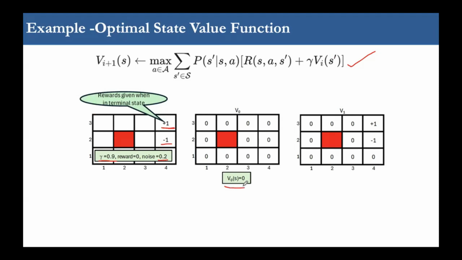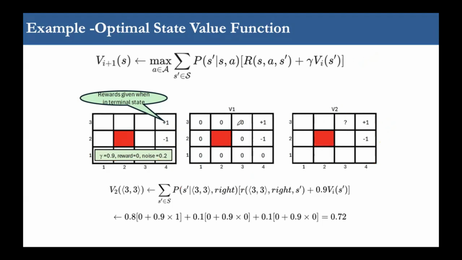In the first iteration, we give the value 0 for every cell. In the second iteration, as we know, in this environment the positive goal state and negative goal state are plus 1 and minus 1, so we mark them as plus 1 and minus 1 in the next iteration V1. In V1, we have plus 1 and minus 1, and the remaining values are all zeros. Now we are going to find the value for this particular position.